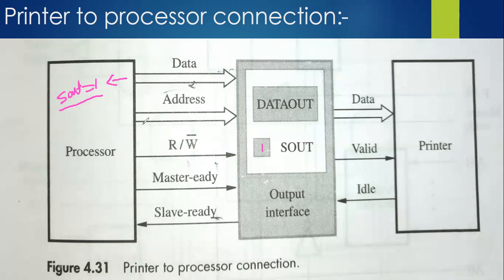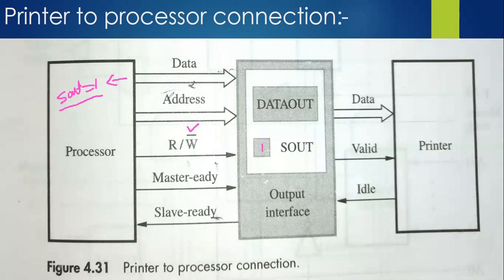Then what kind of operation should be performed will be uploaded on the control line, whether it is a read or write operation. It should be a write operation, because the processor has some information to be printed. The content is residing inside the processor, so that should be written into the data out register. So the control signal over there should be write.